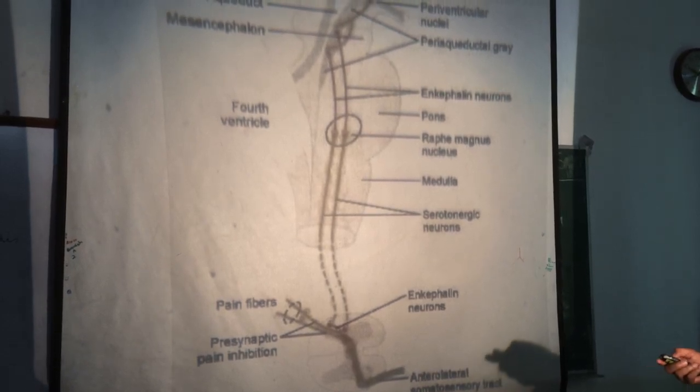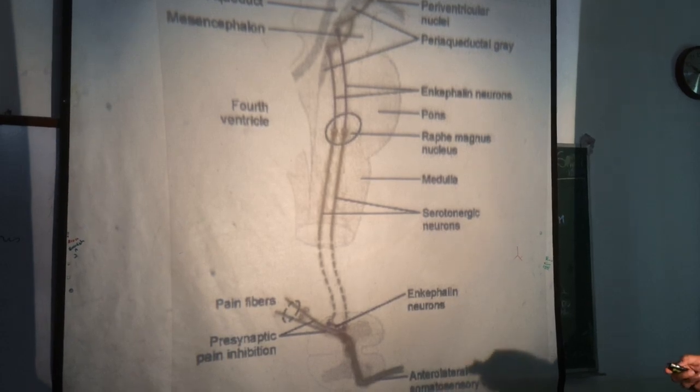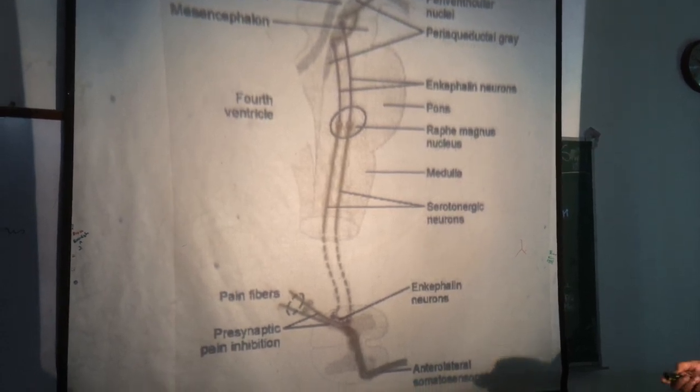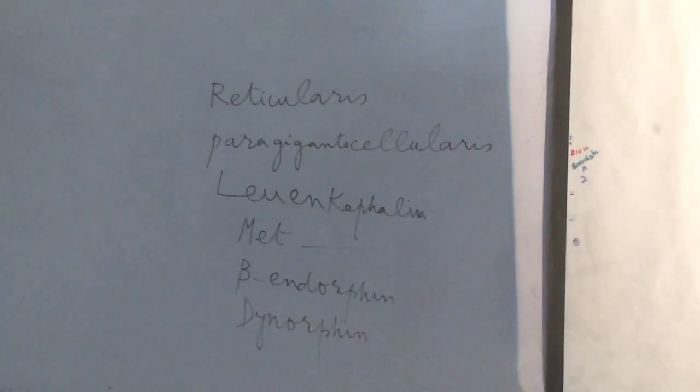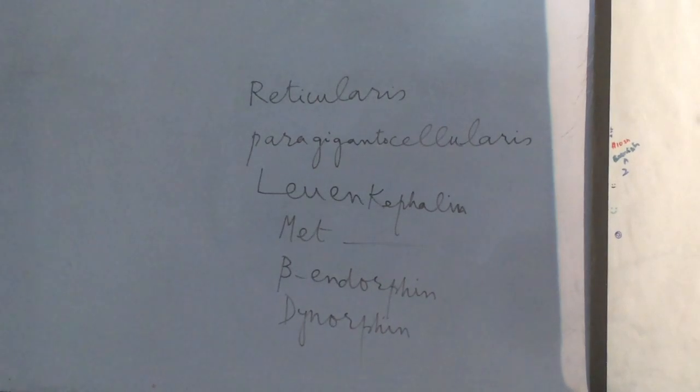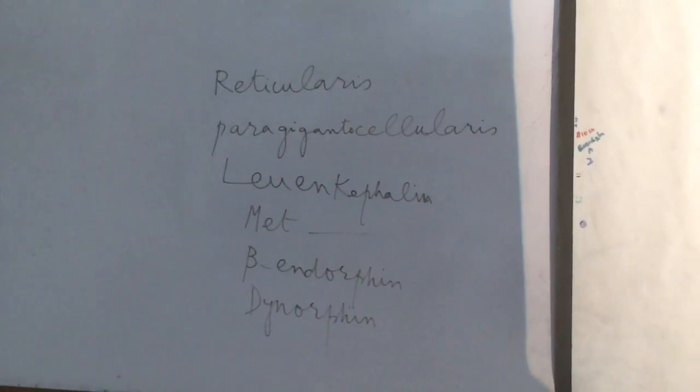I told you about the opiate or morphine-like neurotransmitters: enkephalin, beta endorphin, dynorphin. You know, morphine is a potent analgesic. Morphine suppresses pain by binding with morphine receptors or opiate receptors in the brainstem.